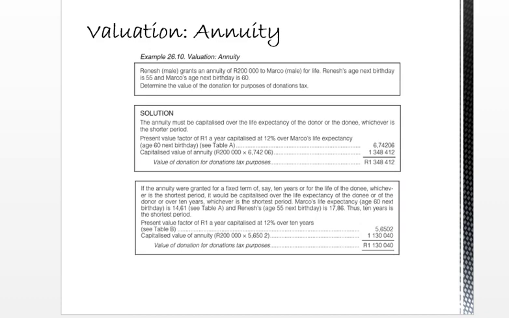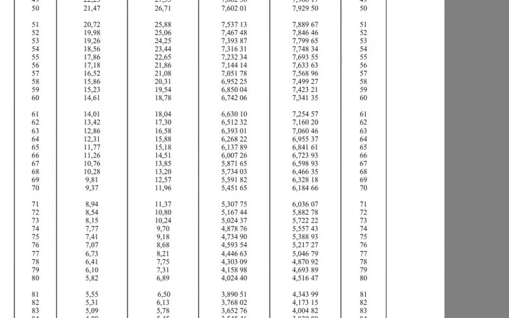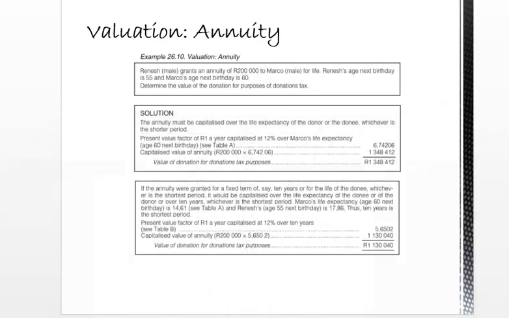So if we look at 60 from table A, his life expectancy is 14.61. So we capitalize at 6.74206. So the 200,000 Rand annuity is capitalized at 6.74206. So the value of the donation for tax purposes is then 1.348 million.